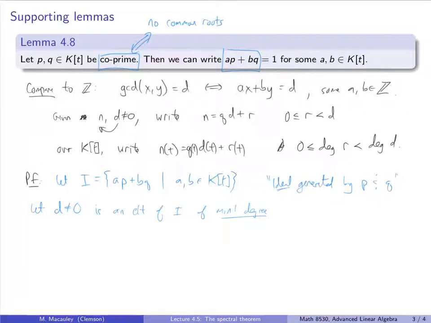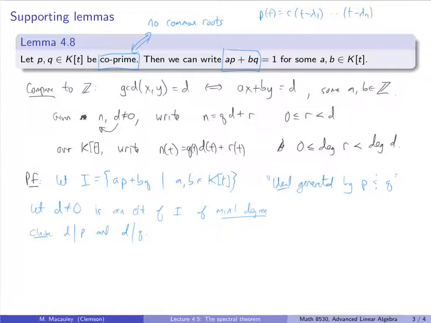And I claim that D divides P and D divides Q. And because there are no common roots, if P equals some, let's write out the roots of P. I don't know if I need to really do this, but why not?